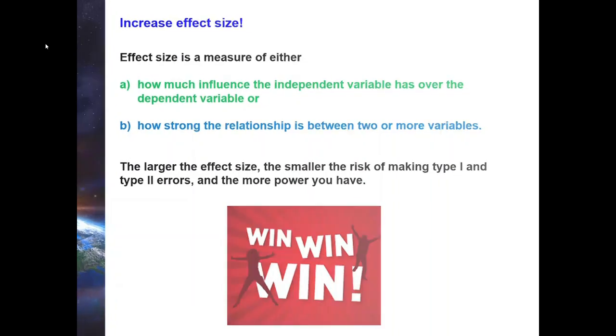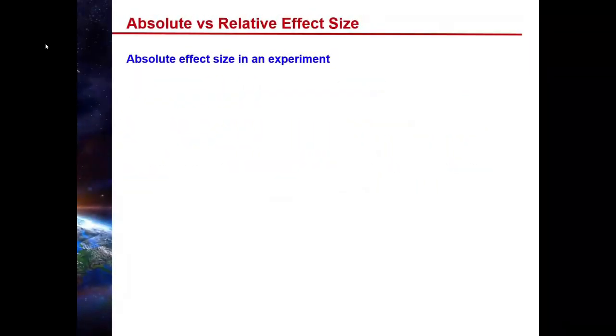All right, now, a little bit more that you have to know about effect size before we can look at how to increase it and have that triple win situation. First of all, you need to know that there is a difference between absolute effect size and relative effect size. So we have two ways, therefore, of measuring effect size. All right.